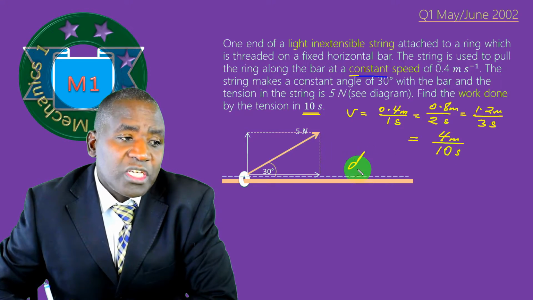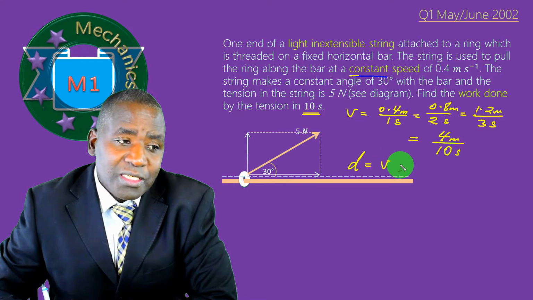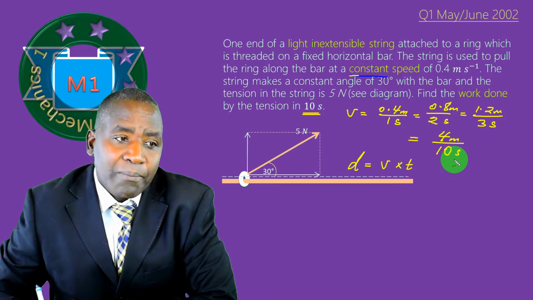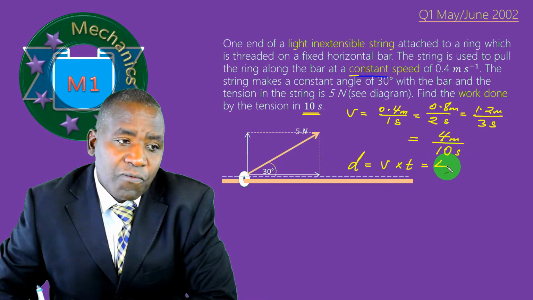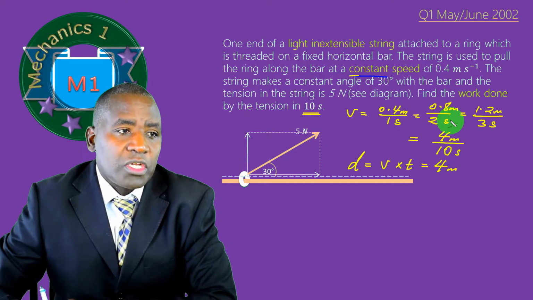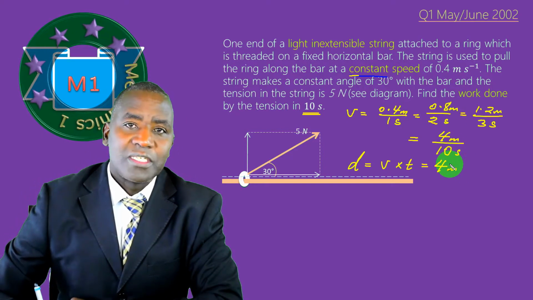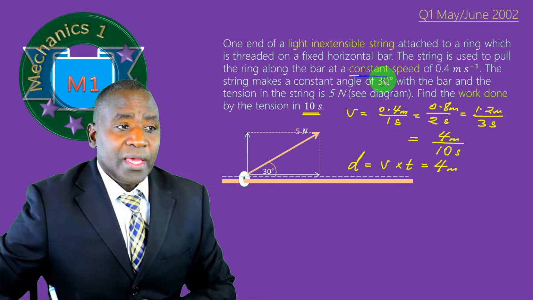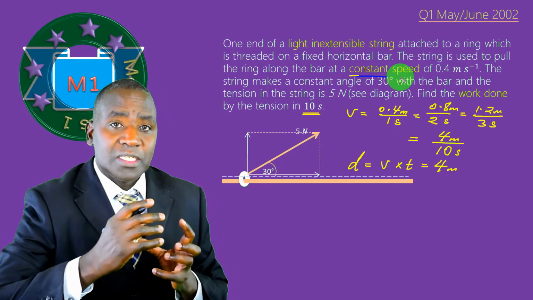Alternatively, I could use this equation here: distance is equal to the constant speed times the time. And I'm going to get the same distance of 4 meters. You know, 0.4 meters per second multiplied by 10 seconds will give me 4 meters. That is why the value of the constant speed is given, or we are told that the speed is constant.